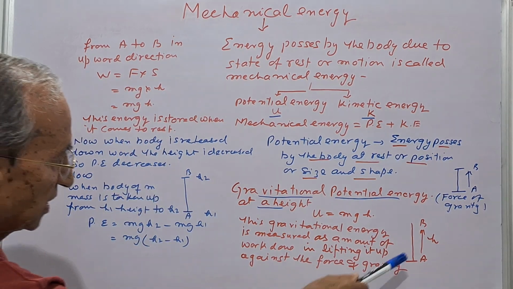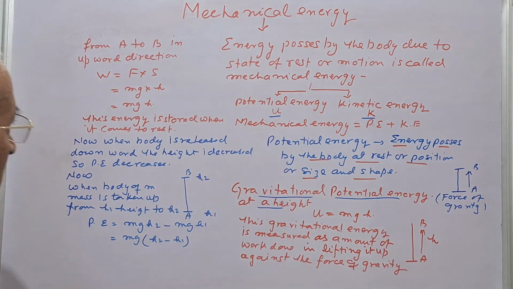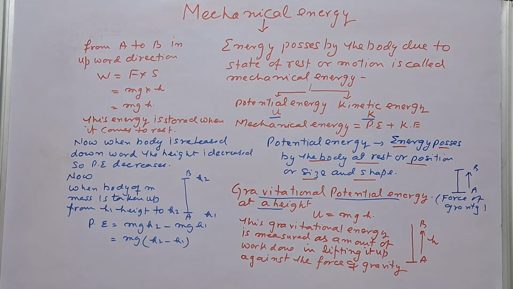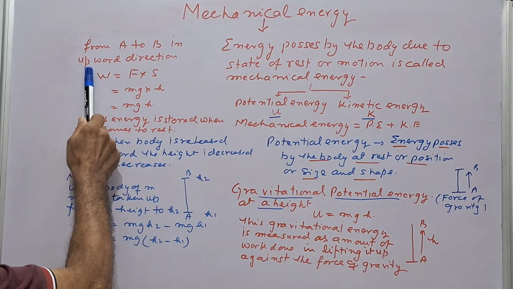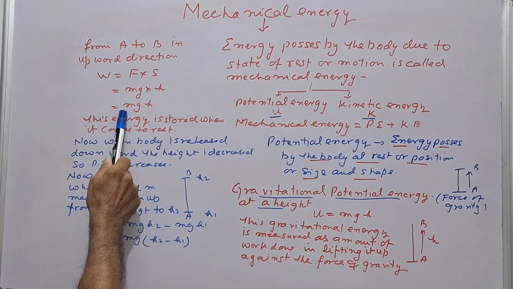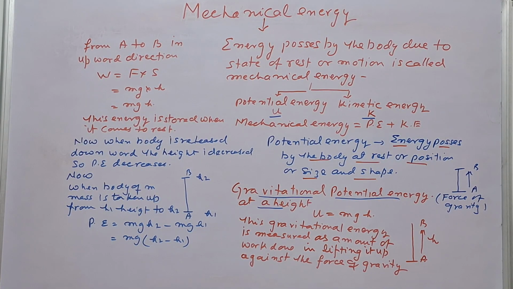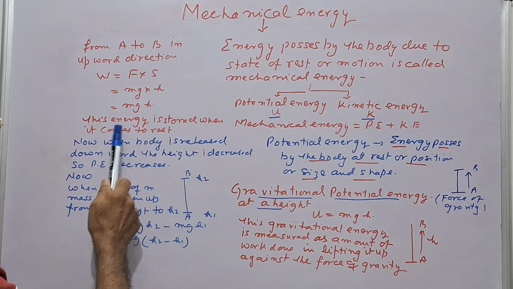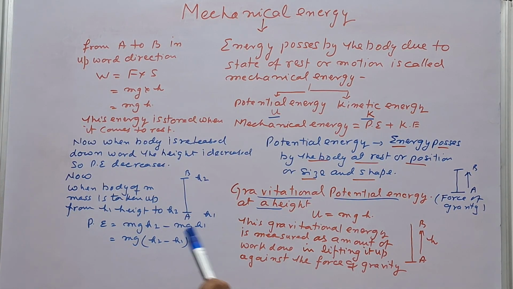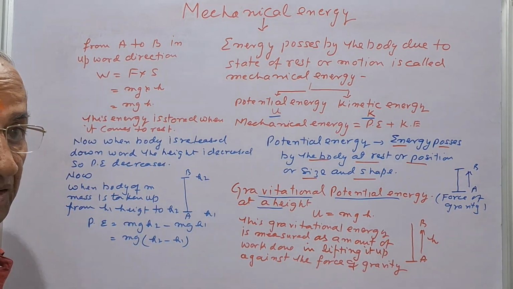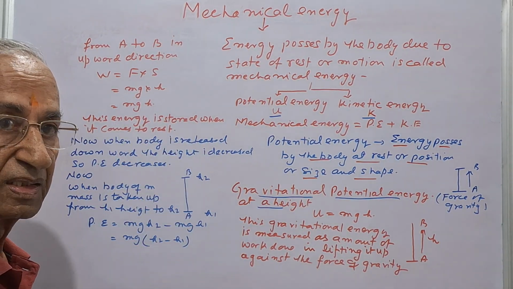Here the force is the gravitational force, that is m into g, and the distance is height h. So work done in the upward direction is equal to mgh, and this is the energy stored when it comes to rest. This is the potential energy. So we say that potential energy is the hidden energy which is inside the object.